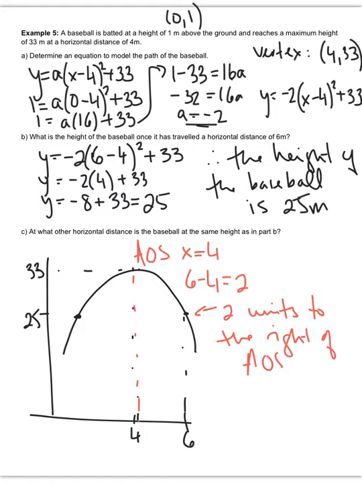So we know that this point right here has to be 2 units to the left. And so this must be 2. Just based on the symmetry of a parabola, we can say that this point right here is going to be (2, 25). All right, that's it. See you next time.